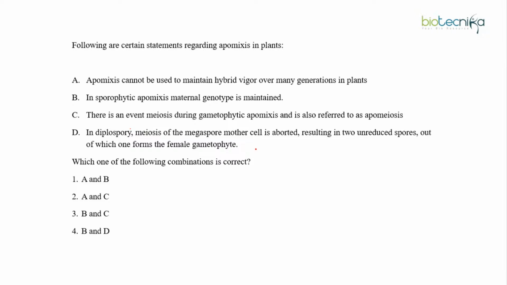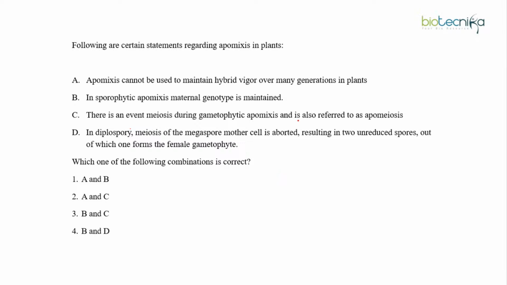If you are getting it from the mitotic division, it is like mitotic diplospory basically. In that case, the megaspore mother cell will divide mitotically thrice and form 8 nuclei. But the embryo sac will remain unreduced and have the same number of chromosomes and also the same genetic material.